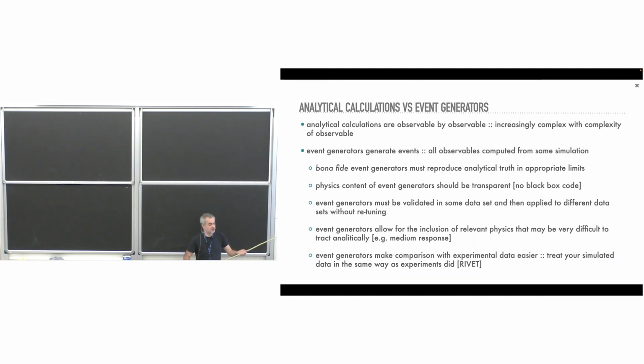Another thing, and that's a real bonus, is that event generators make comparison with experimental data much, much easier, because basically you are making a fake experiment. So all these things that always change your theoretical predictions, like saying we only measured jets above 25 GeV and only included particles that were above 300 MeV and in rapidity, to implement these in my analytical calculation are all theta functions with integrals. These are all cuts, and some of these cuts have huge effects, distorting spectra, for instance.